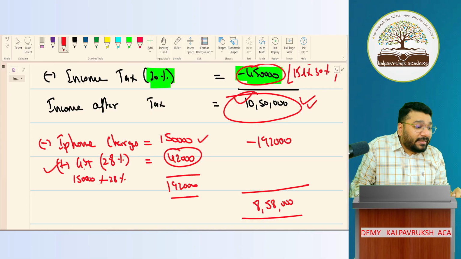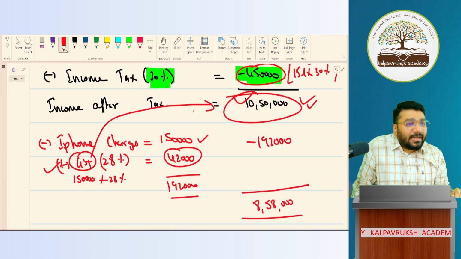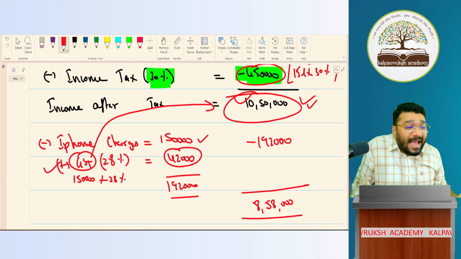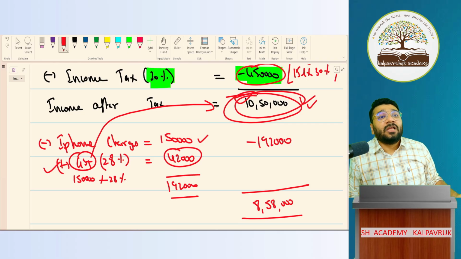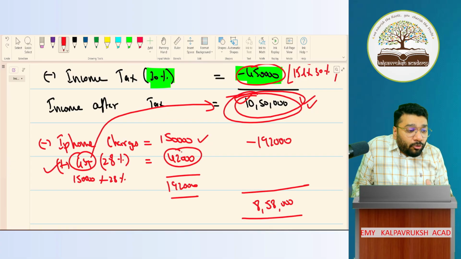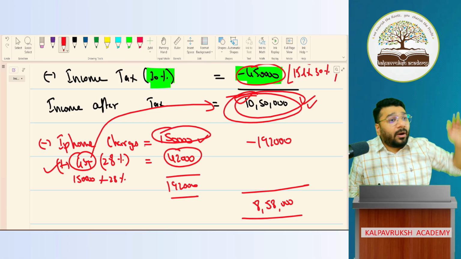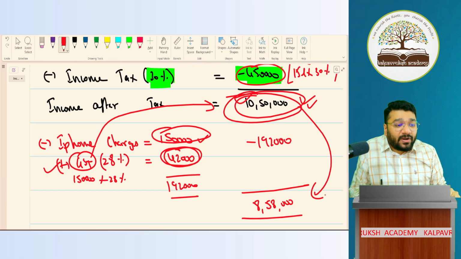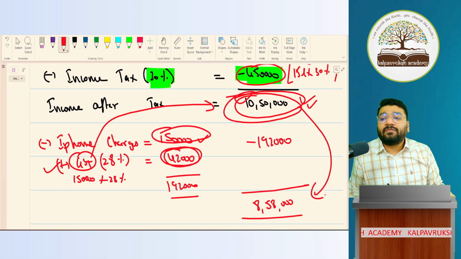This is also a tax indirectly reducing your income. Before buying the iPhone, what is your income, boss? 10,50,000. The moment you purchased an iPhone, apart from the product value, you paid GST also. This GST has reduced your income from 1050 to 8,58,000. Got it, not got it?